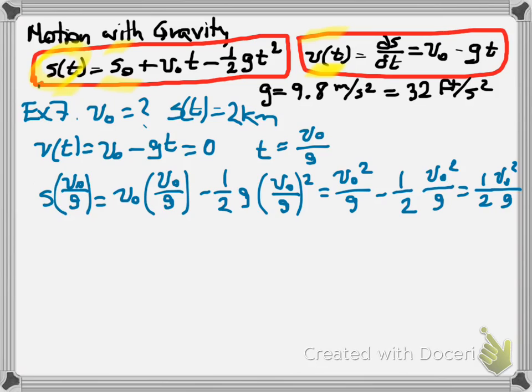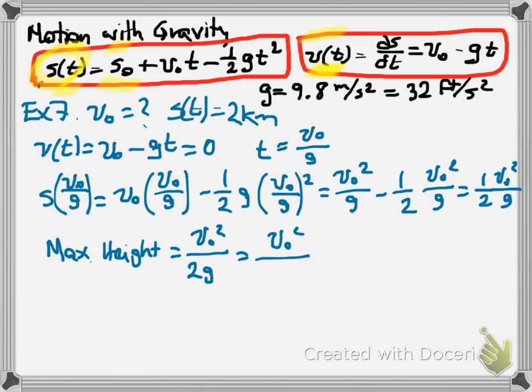So the maximum height will be the initial velocity squared over 2 times the gravity, which is my initial velocity squared over 2 times 9.8, which equals approximately 2,000 meters.